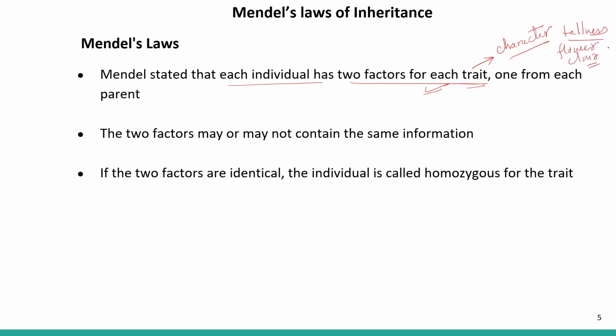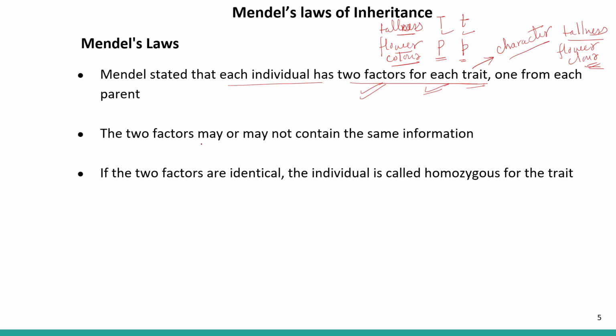And for this tallness and flower color, we will have two factors, right? For tallness, let us say capital T for tall and dwarf small t. So two factors. Now flower color. Just now we have seen in the example, capital P purple and small p white, right?